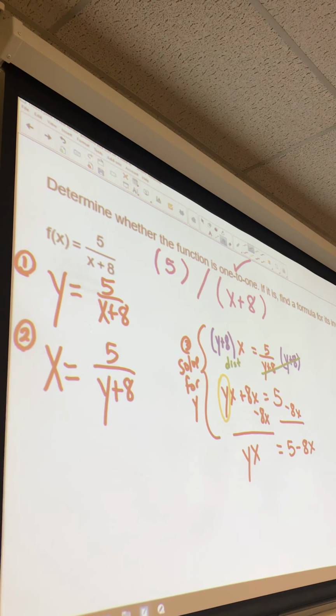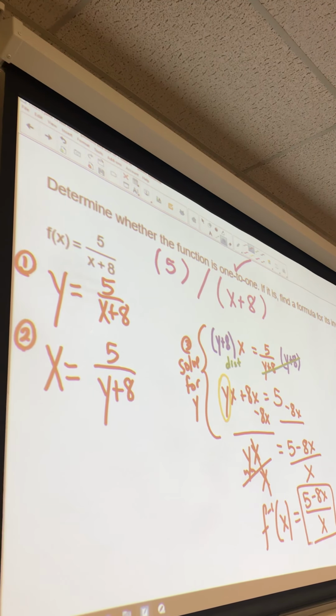And then last thing, for this y to be by itself. Right. And so the inverse would be the 5 minus 8x all over the x. Okay? All right, what other questions?